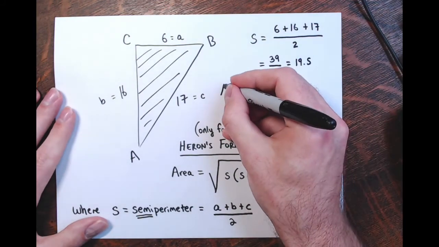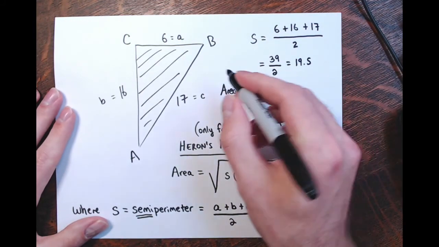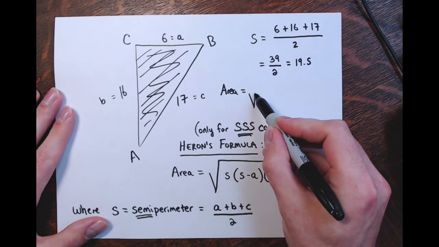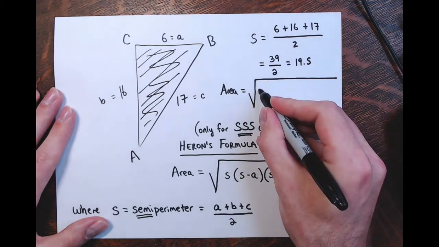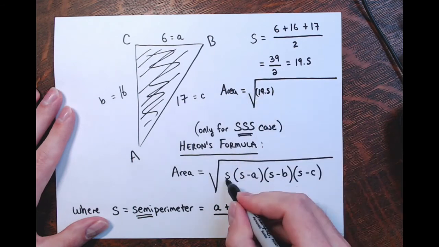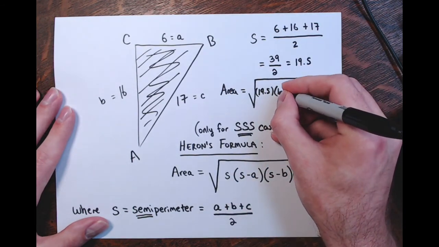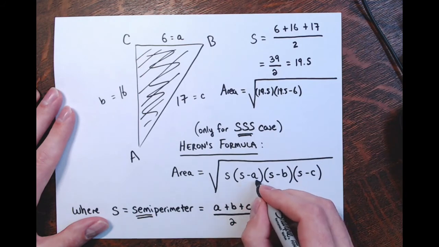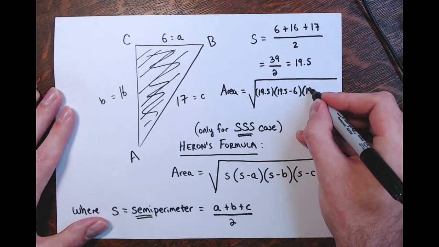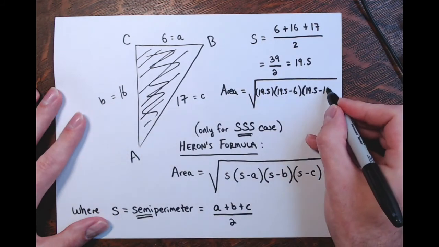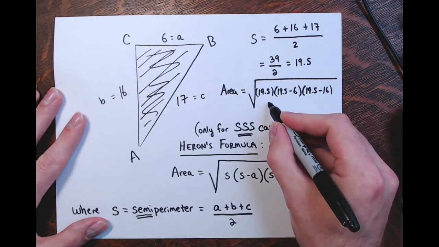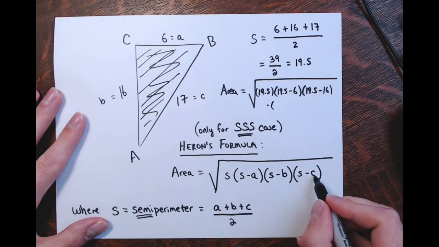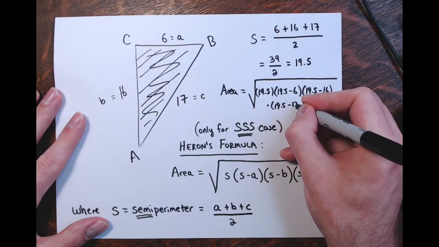So, by this Heron's formula, the area of this triangle, the amount of space inside in square units, is going to be the square root of 19.5, that's S, times 19.5 minus 6, that's S minus A, times 19.5 minus 16, that's S minus B, sorry about this, there's no room there, times, and this is all in the square root, times S minus C, 19.5 minus 17.